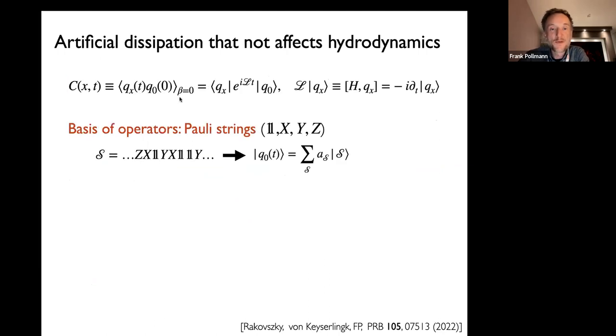What we could do in principle is insert here an e to the minus beta h or something like this to go to finite temperature. And the question is how well that would work. I think that the method, the way it's done right now, is tailored to high temperatures, but I don't know when it would break down.